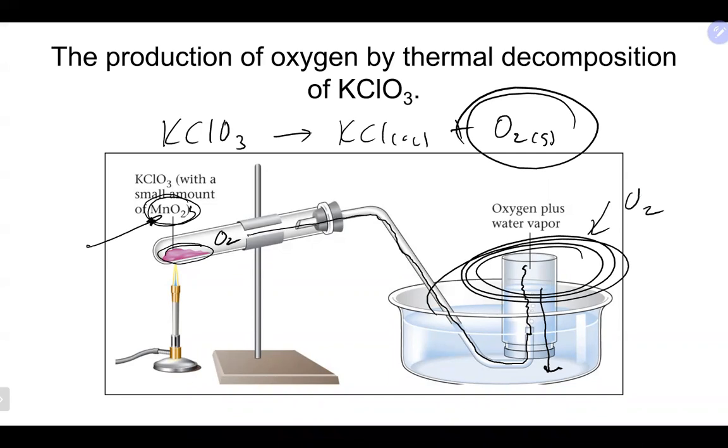Now, in the process of doing this experiment, we are collecting it over water. And when you do that, just the process of the heat of the reaction, when heat and water get together, you also collected in there some water vapor, which is the gas version of water, obviously.